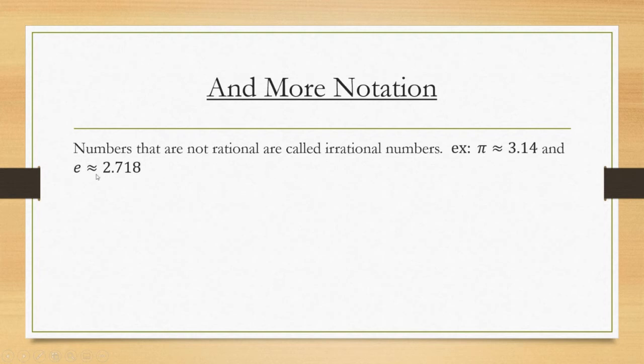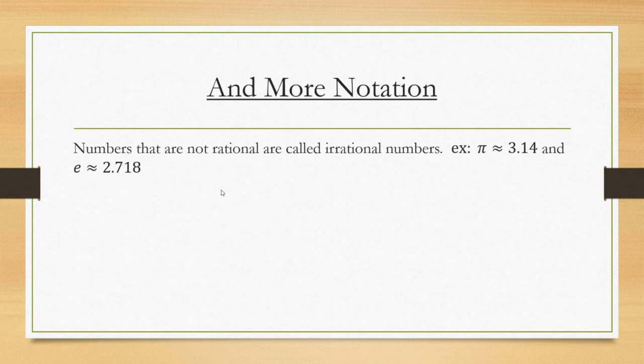You might have seen the number that e represents. If you haven't, that's okay, but it turns out there's a famous number. You'll see it if you take calculus or even pre-calc, and the number that e represents is about 2.718. It turns out to be irrational. But there's lots of other irrational numbers. You'll see more when we do square roots.